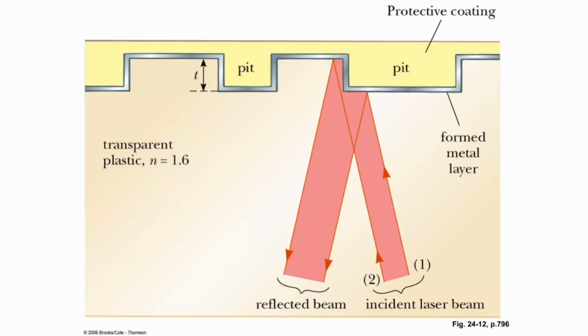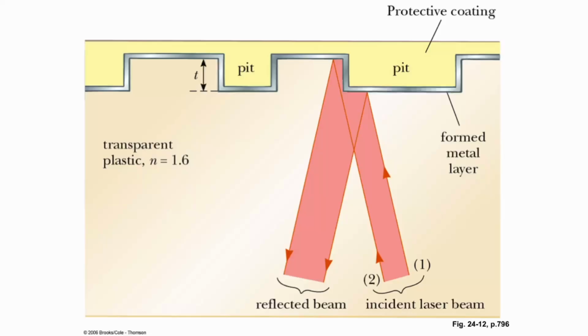In this case, it's not so much a thin film, but rather the edge of a pit. The feature size, the height of one of these pits on the disk is determined by the quarter wavelength of the light that's being used to read the information. Because a quarter wavelength difference, right?